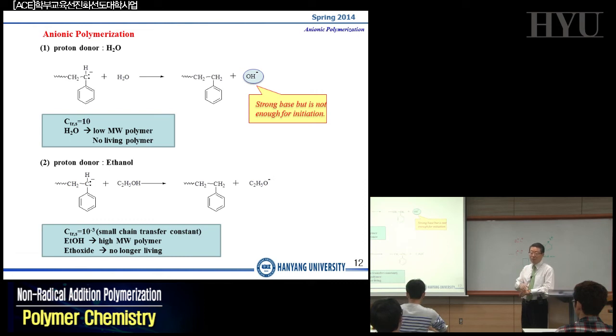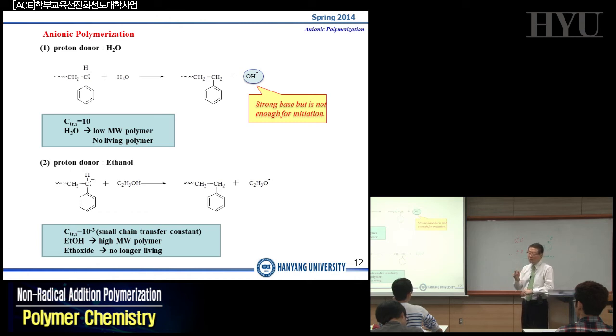If you have a small amount of water, because of the very high chain transfer coefficient, it just stops the polymerization reaction. If you are very careful, removing all the water in your reaction system, including the initiator and the monomer, then your chain end will be alive, so we call this a living polymerization.